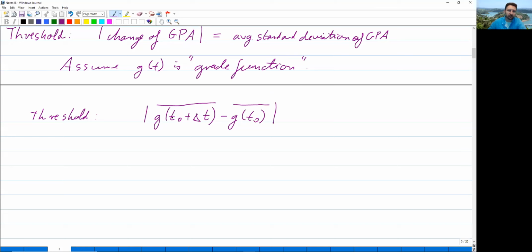Right, so what I wrote down is the GPA at the later time, t0 plus delta t, minus the GPA at the earlier time. So this is the change of GPA, and we take the absolute value of that.